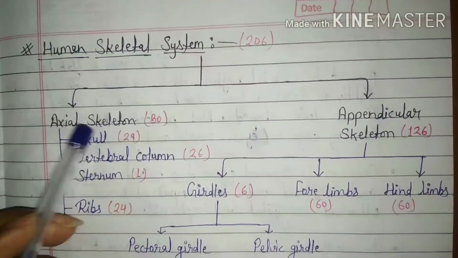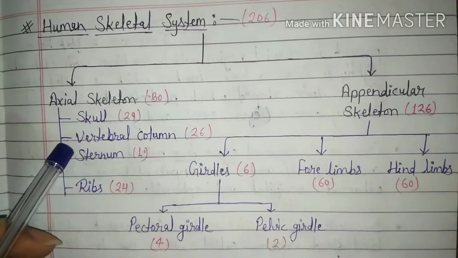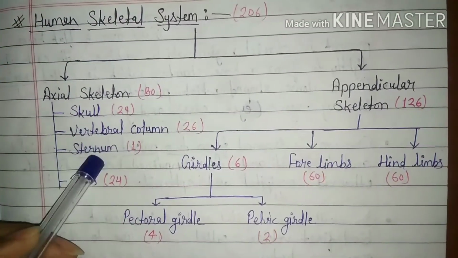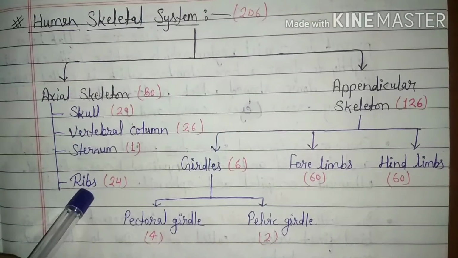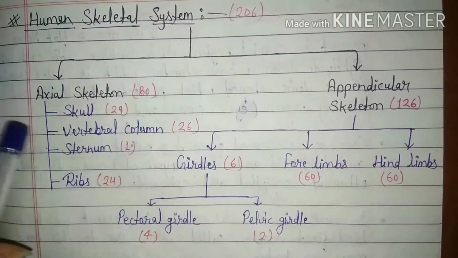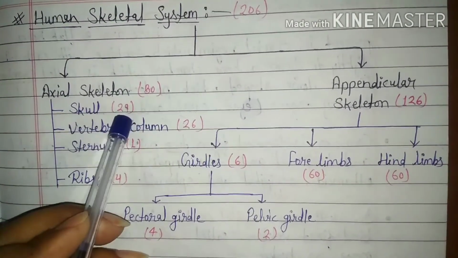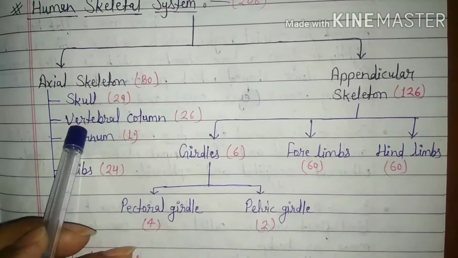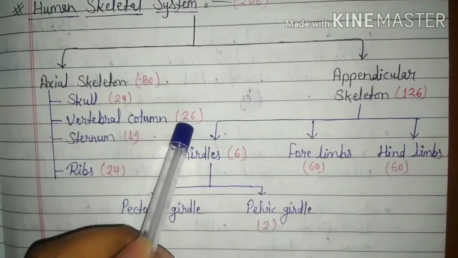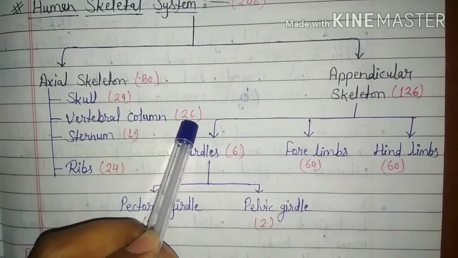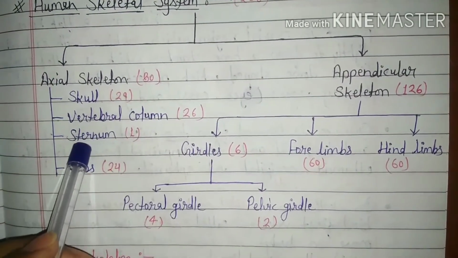In the axial skeleton, the skull, vertebral column, sternum and ribs are included. The skull consists of 29 bones. In the vertebral column, 26 bones are present.